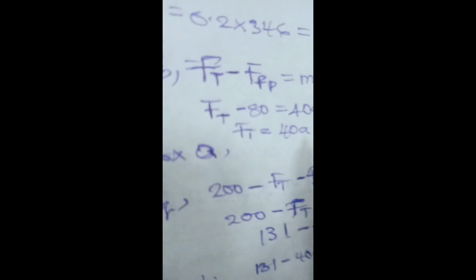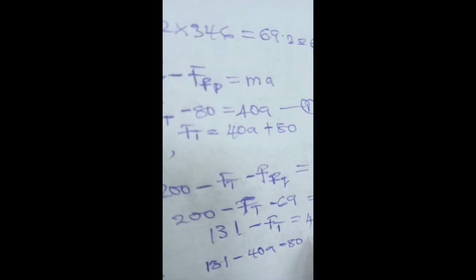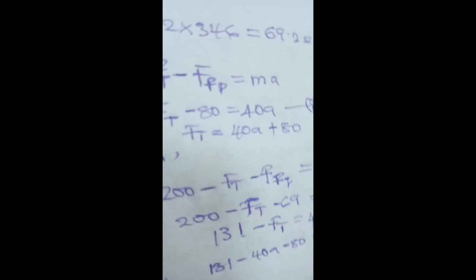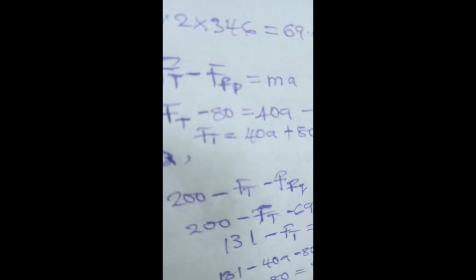So 131 minus 40A, minus 80 is equal to 40A. Now this one will come to this place, then I'm going to have 131 minus 80 is equal to 80A.